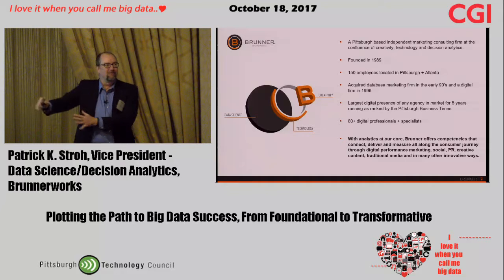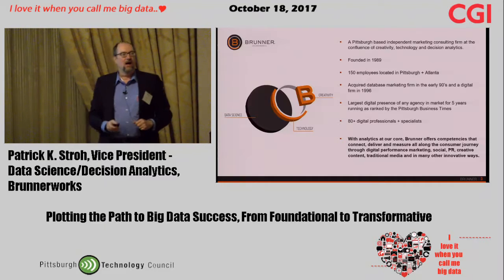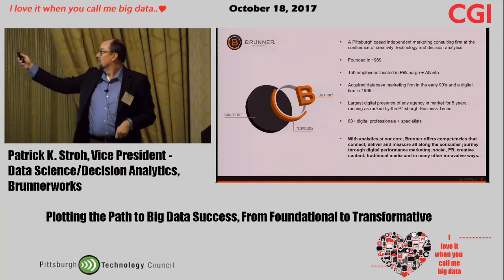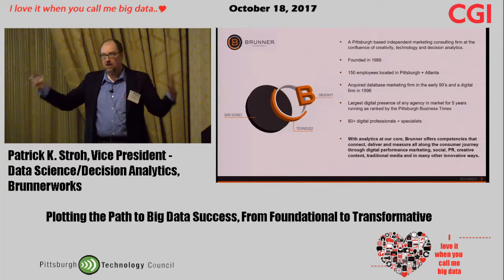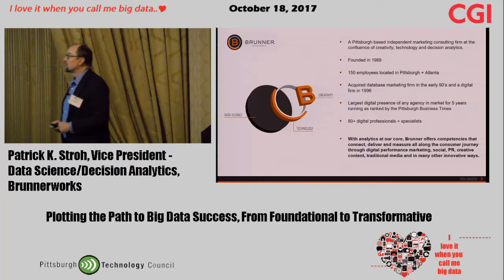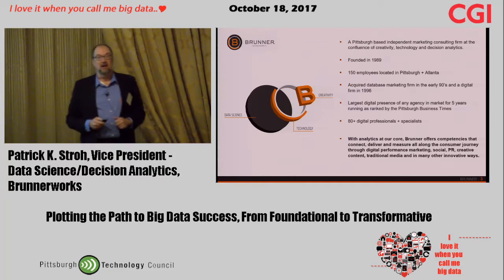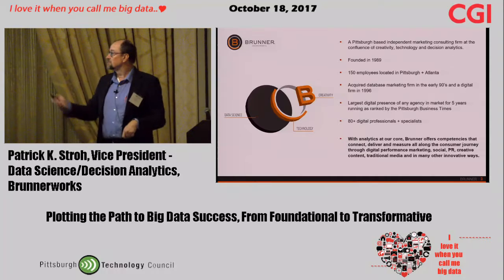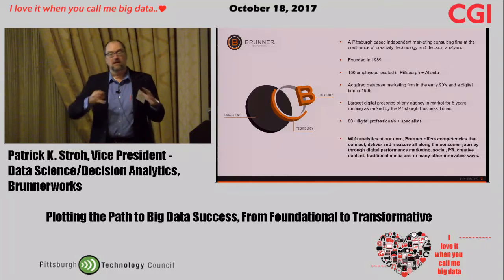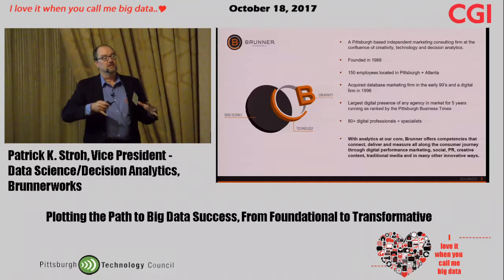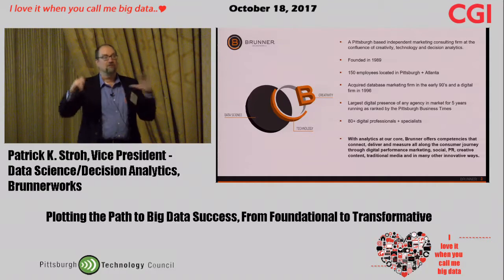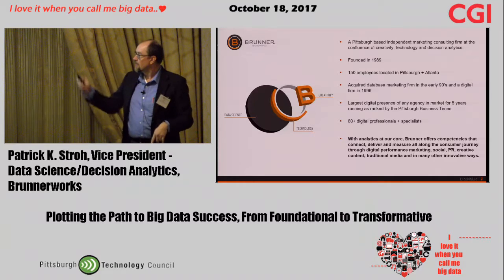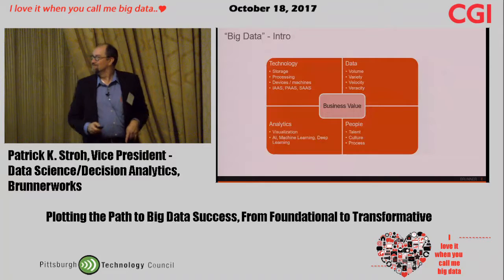I was peripheral to that effort, but we do a lot of work at what we refer to as the intersection of creativity, content development, traditional and digital advertising, as well as the implementation of that advertising via technology and consumer-facing systems and advertising systems. And then below that and interacting with that is the data and the science and the analytics of all of those components, and measuring, coordinating, and optimizing those things. So that's Brunner. I'm going to move on quickly.